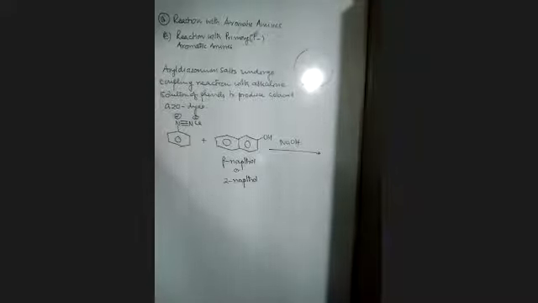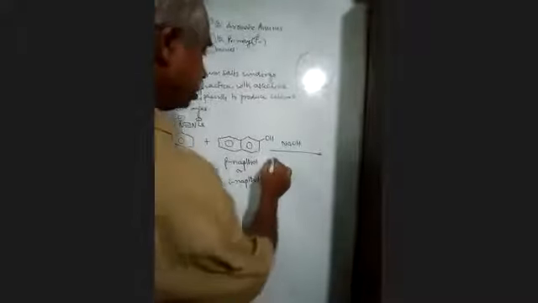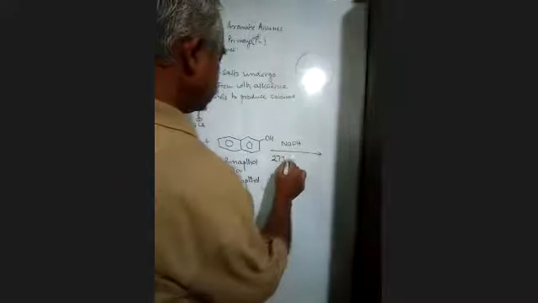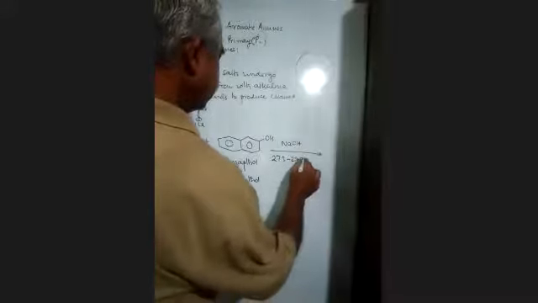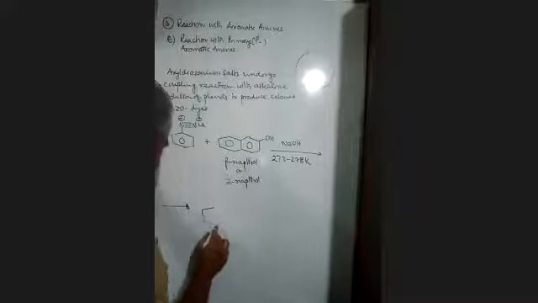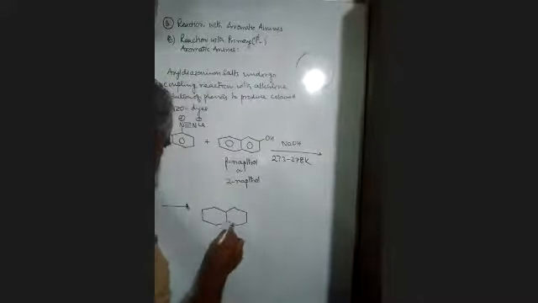Okay, and we cool it because all the reaction has to be done at what? 273 to 278 Kelvin. Otherwise, this will decompose. So what we are going to get? See, coupling reaction is not a substitution reaction. So we'll write like this. This I am doing it only for your class 12 chemistry viva.